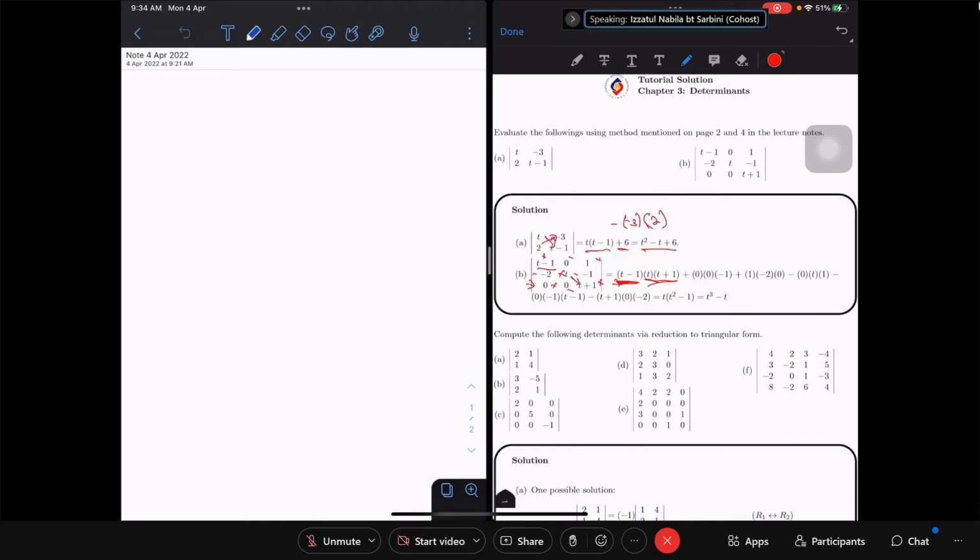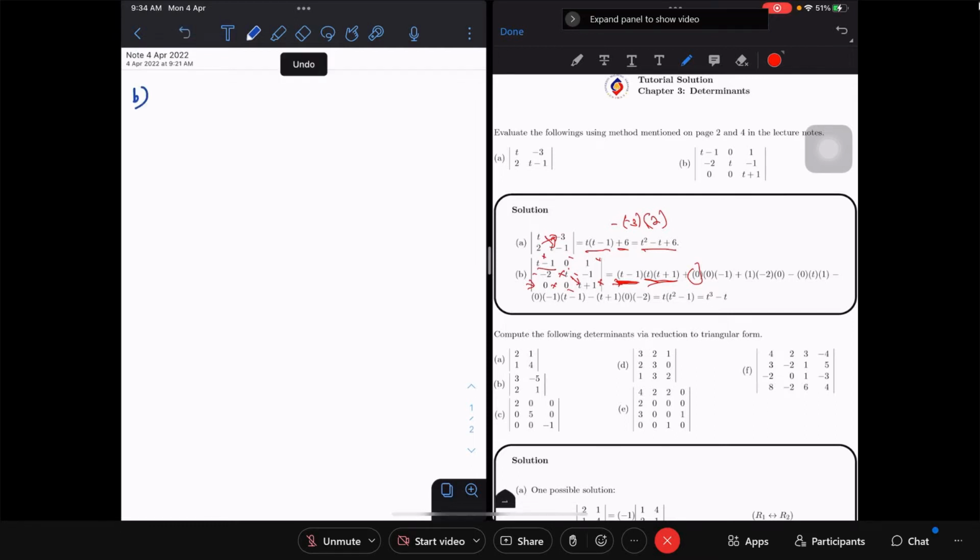The next one is also 0, and anything times 0 will be 0, so you don't have to calculate much. Oh, they did not choose the first one. Let me do it.